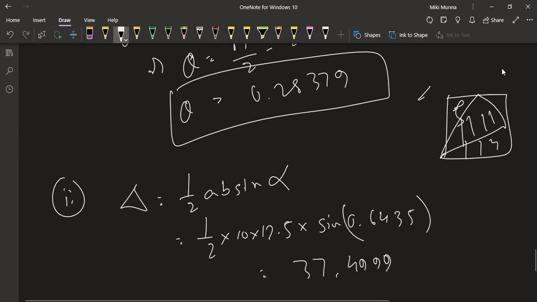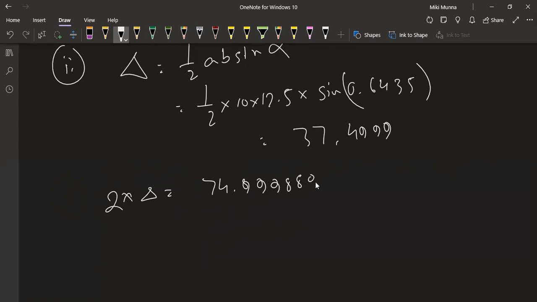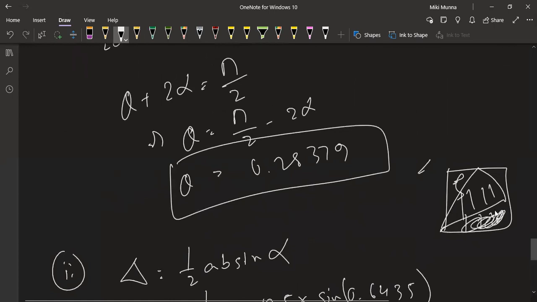That means twice the area of a triangle is 74.999889. Now, why did I multiply by 2? Because we have twice the same region. Here is this region, and there's another triangular region, both the same.